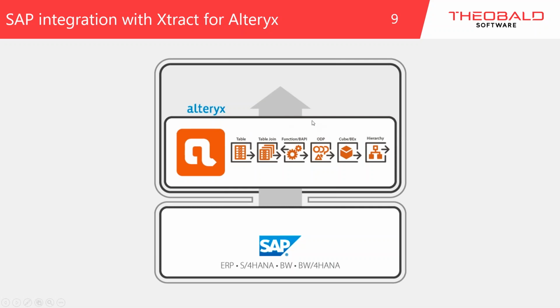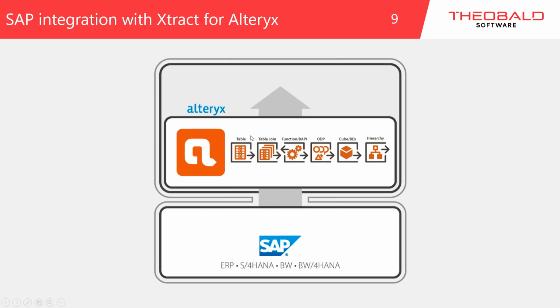Then you have the Alteryx Designer, and when you install our product, Xtract for Alteryx, it comes as a plugin directly that can be used in your Alteryx Designer. It comes with different components, or different connectors, and each component enables you to extract specific source objects from the SAP system.